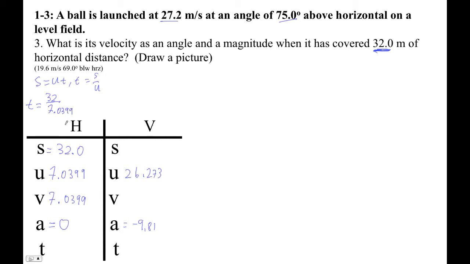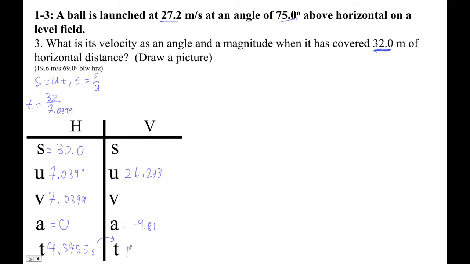And I get 4.5455. Dyslexics beware, 4.5455 seconds. That's how long it takes, because, well, there it is. That's just this divided by this. Did I do that right? I think I did.